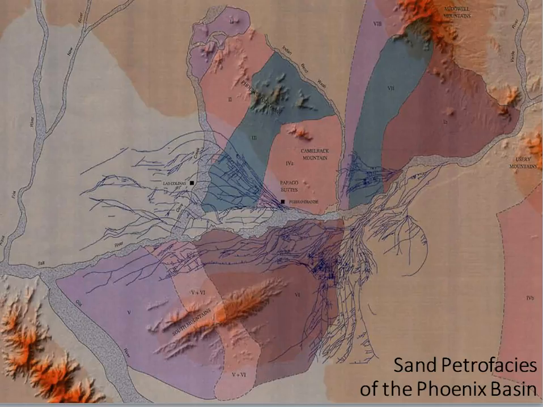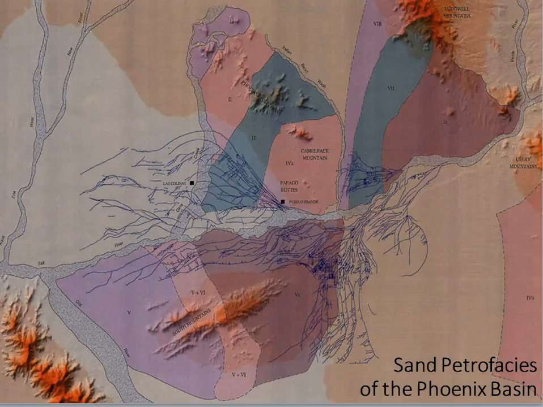The Phoenix Basin is unique in that the mountains that surround the basin have different geologic histories, different rocks composed of different minerals. So as those rocks have broken down and eroded, creating the sands on the soils below them, these different sands have different mineral characteristics.